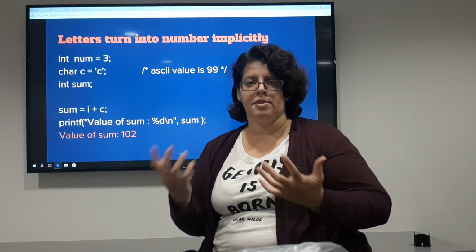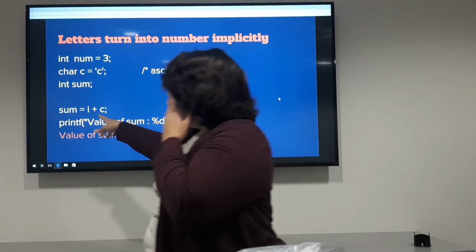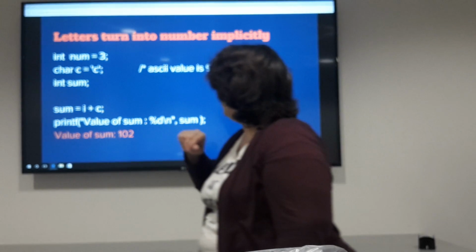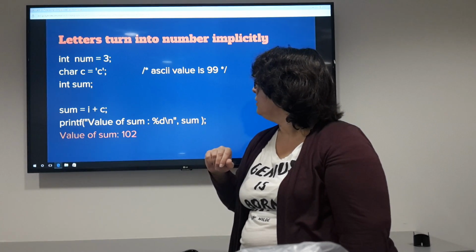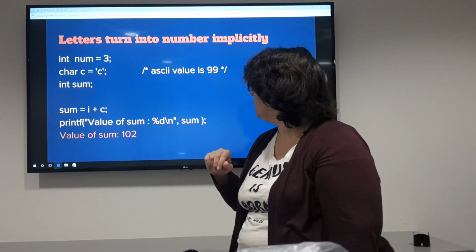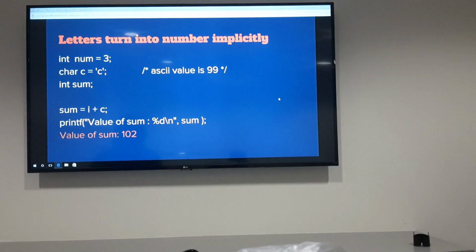So where's I and where's C? What are the numbers I need to actually add up here? So it looks up I, and in this case, there's no I. That should be num. All right, I'm going to have to start over.